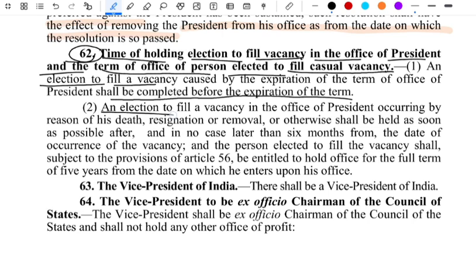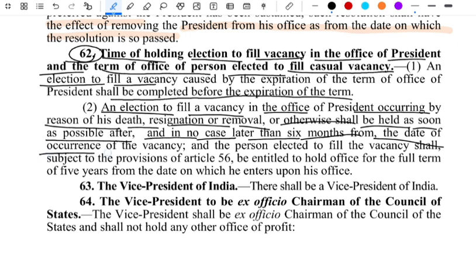And second, an election to fill a vacancy in the office of the President occurring by reason of his death, resignation or removal, or otherwise, shall be held as soon as possible, and in no case later than six months from the date of occurrence of the vacancy, and the person elected to fill the vacancy shall, subject to the provisions of Article 56, be entitled to hold office for the full term of 5 years from the date on which he enters upon his office.